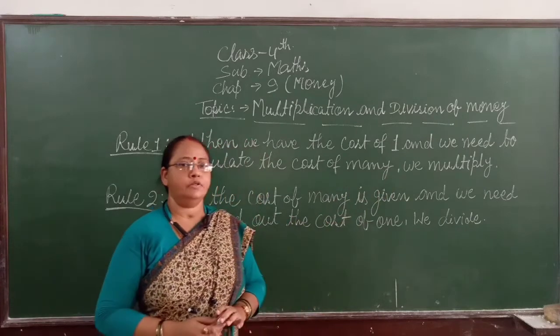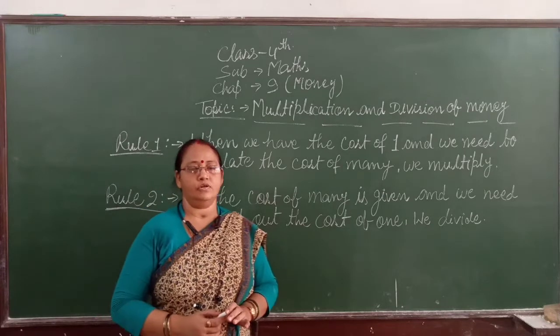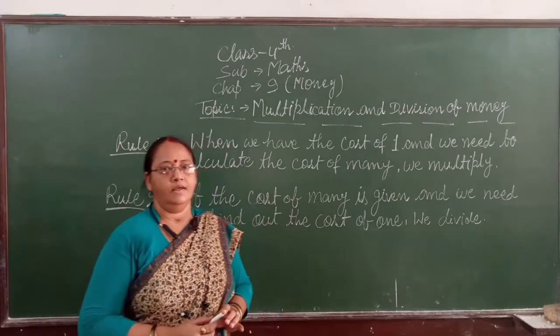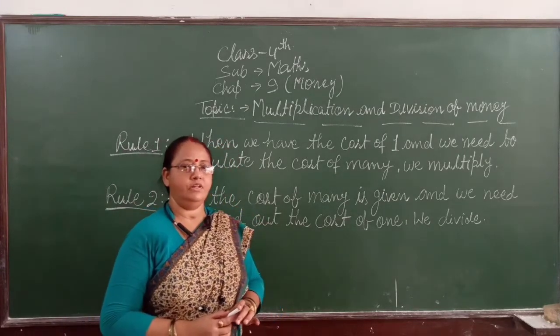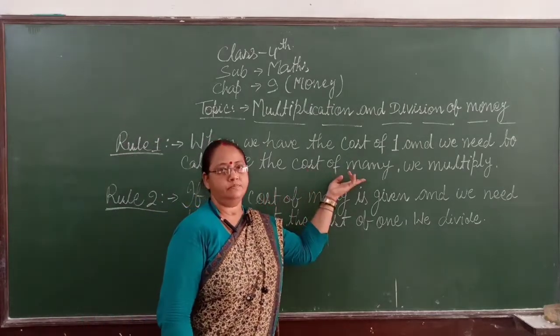Like if the cost of one ball is 5 rupees, then find out the cost of 4 balls. Here we have to multiply 5 with the 4. Then we find out the cost of 4 balls.